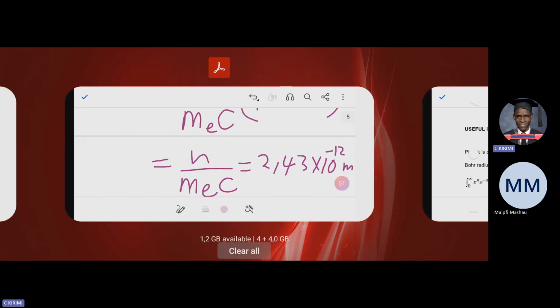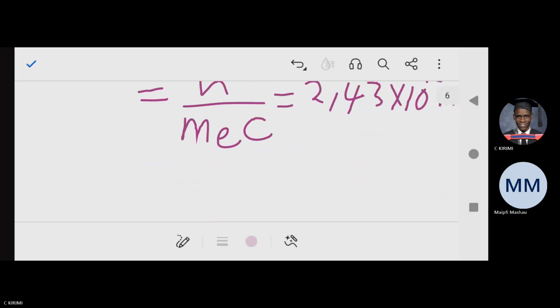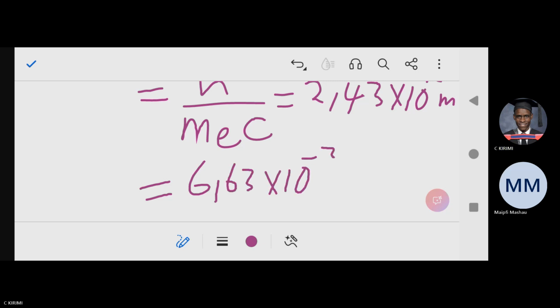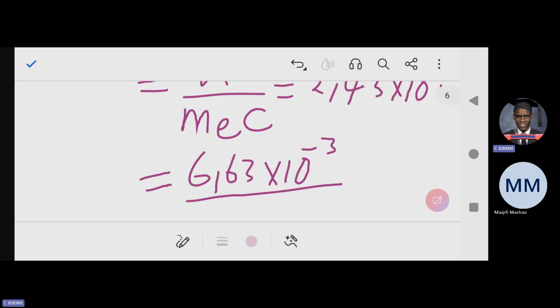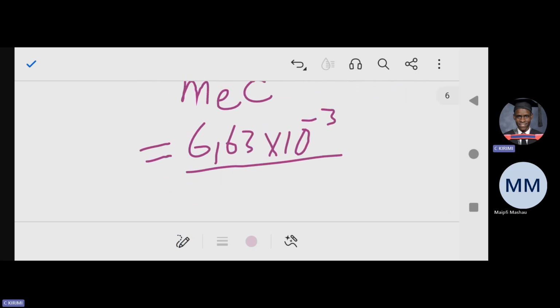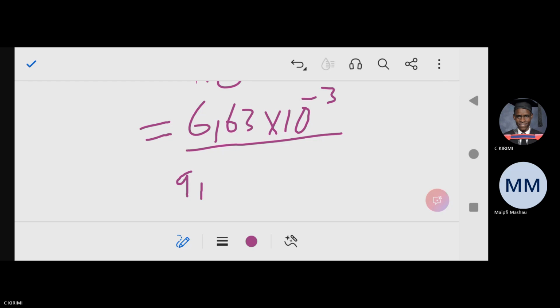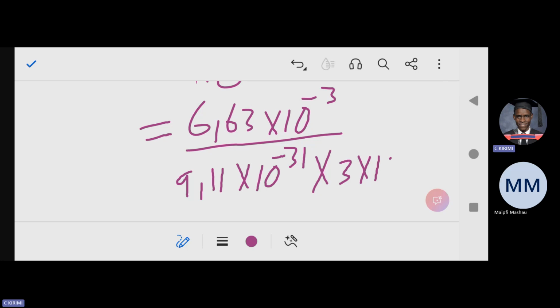You can also punch it to verify the answer: 6.63 times 10 to the power negative 34, divided by the mass of the electron, 9.11 times 10 to the power of negative 31, times the speed of light, 3 times 10 to the power 8. What do you get?